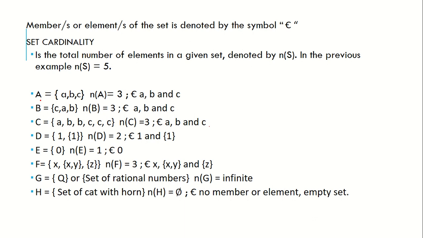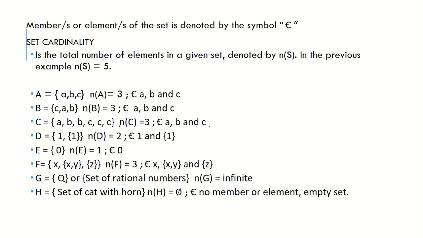Let us go through the given examples below. Set A is equal to the set {a, b, c}, where the cardinal number of A is 3 and the elements are a, b, c. Set B is equal to {b, a, c}, where the cardinal number of set B is 3 and the elements are a, b, c. And set C is equal to {a, b, b, c, c, c}, where the cardinal number of set C is 3.